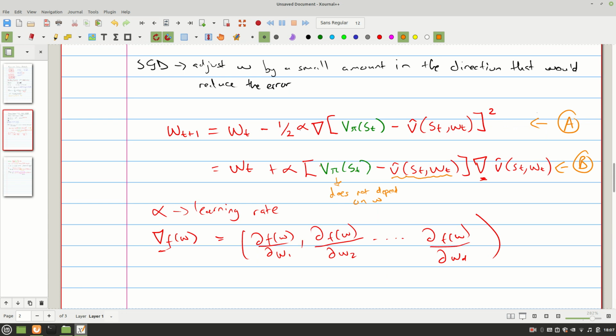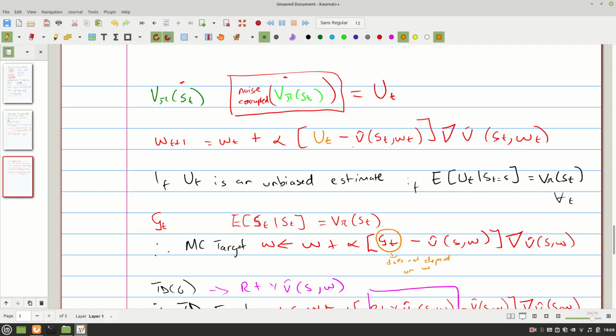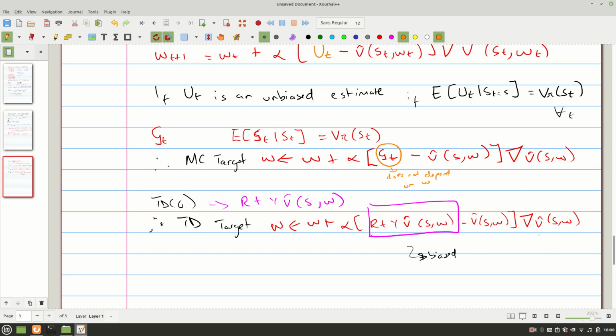So when we're making this derivative, instead of taking the derivative of the expected value, or I should say the estimate, we take the derivative of the estimate, but we don't take the derivative of the target, because we're using the same form that was given here, but the derivative of the target is not actually shown.